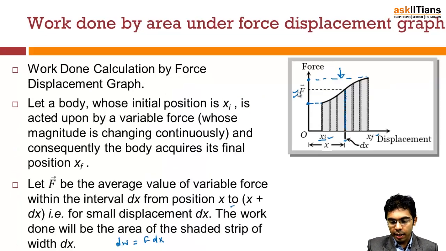We can consider as many strips as we want, but for convenience we are showing these strips. If we add the area of these strips from the first strip to the last strip, this gives the area under this curve.